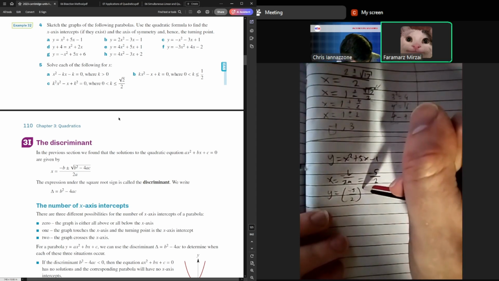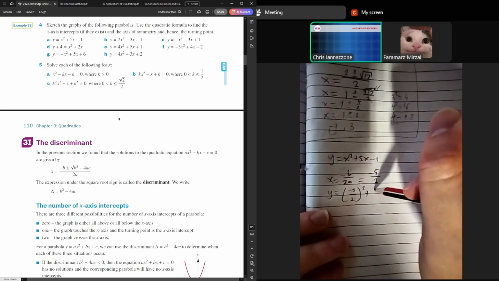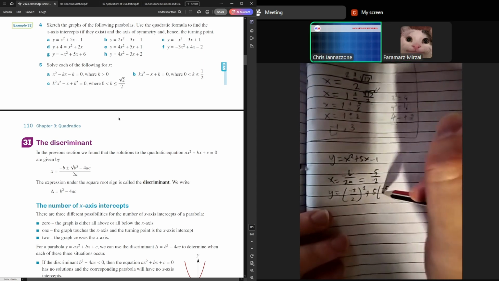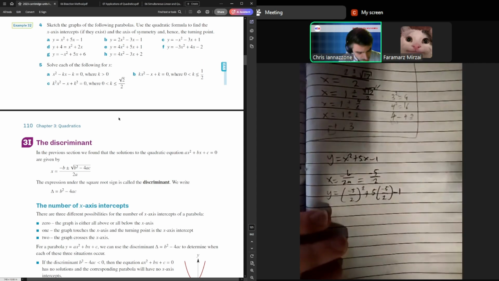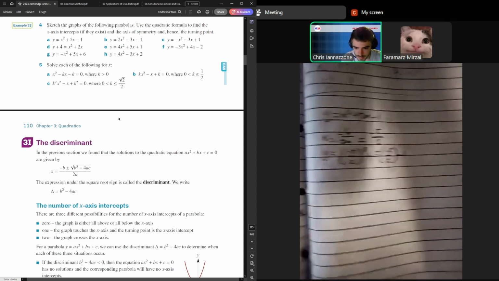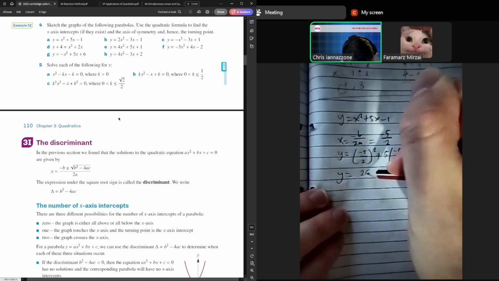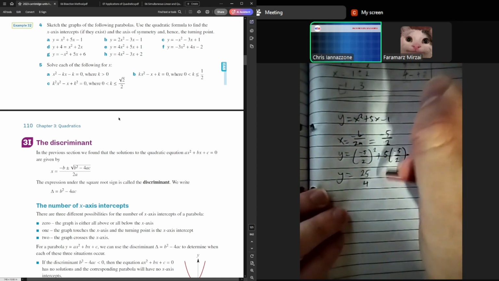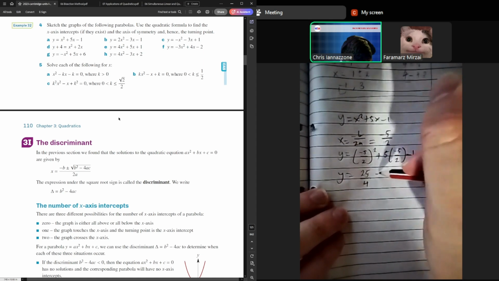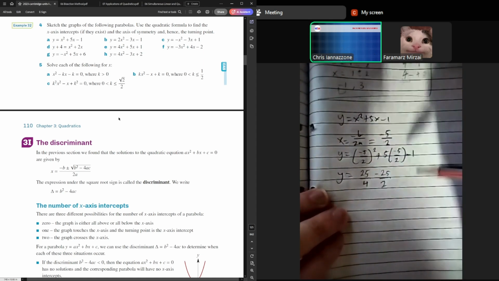But okay, negative 5 over 2 squared plus 5 times negative 5 over 2 minus 1. Just a bit of math here, nothing too crazy. y equals 5 5s are 25, 2 2s are 4. Again, 5 5s are 25, this time over 2.